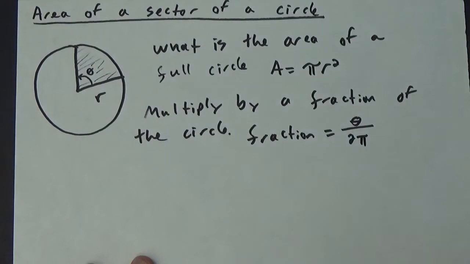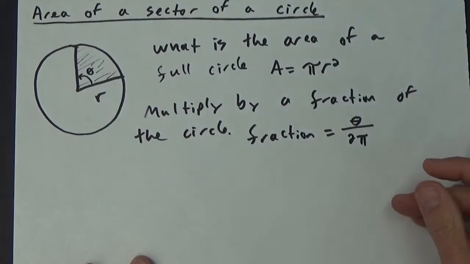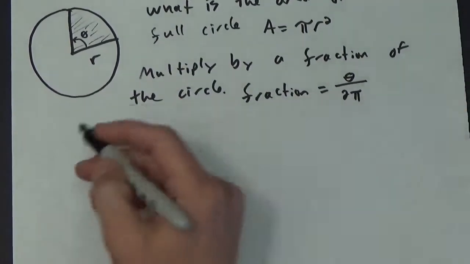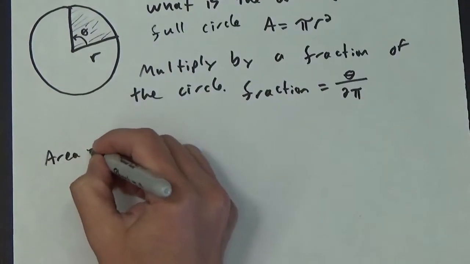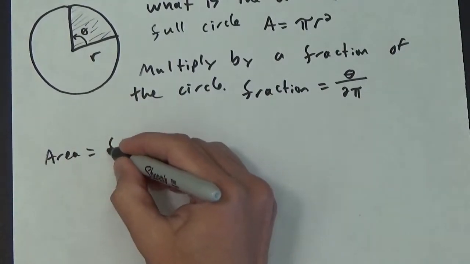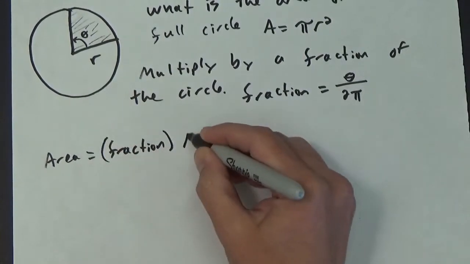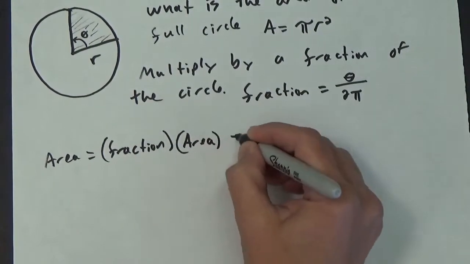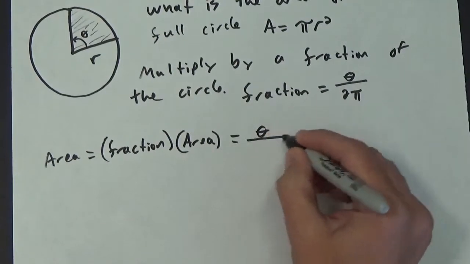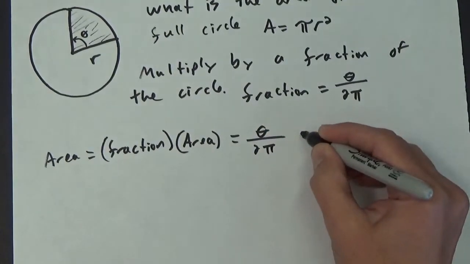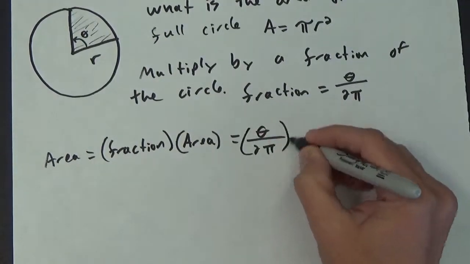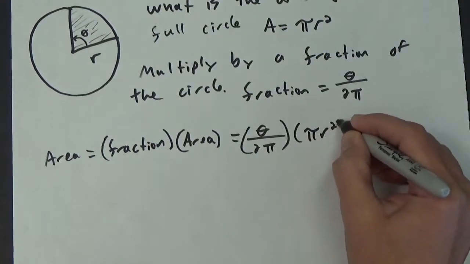So again, it's going to be theta over 2 pi. This means our area, which is the fraction times the area, is theta over 2 pi times pi r squared.